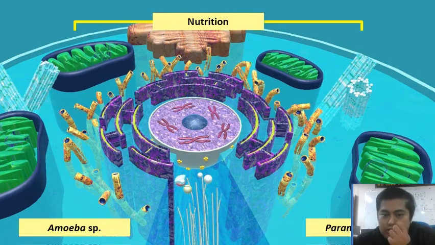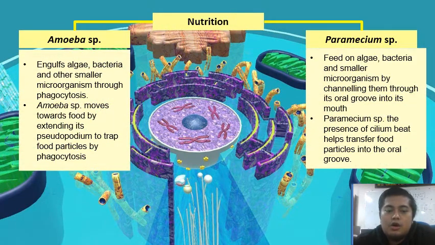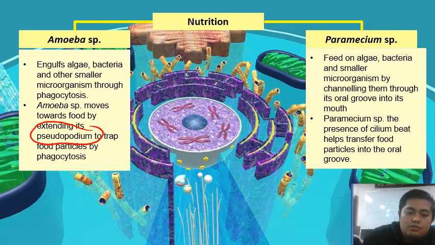So next, nutrition pula. So amoeba, dia akan engulf algae, bacteria or other smaller organisms through phagocytosis. Amoeba will move towards the food by extending its pseudopodium to trap food particles by phagocytosis. So apa itu pseudopodium?